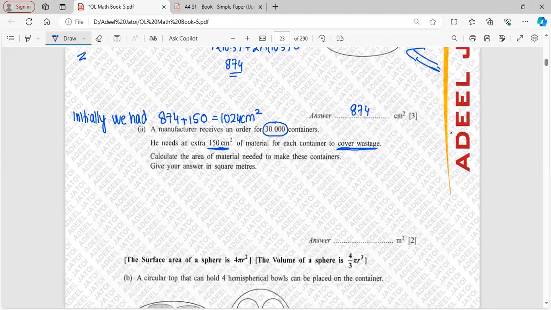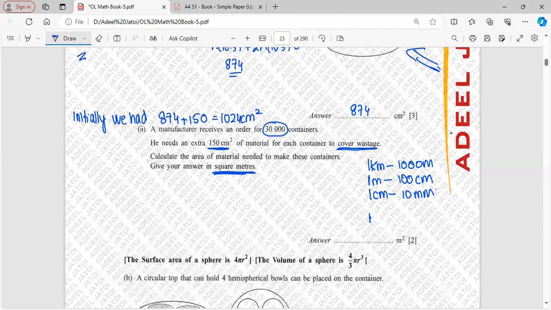Now the question says calculate the area of material needed to make these containers, and give your answer in meter. Now this is important. Since I need to give this answer in meter, remember this: 1 kilometer is equal to 1000 meter, 1 meter is equal to 100 centimeter, 1 centimeter is equal to 10 millimeter.